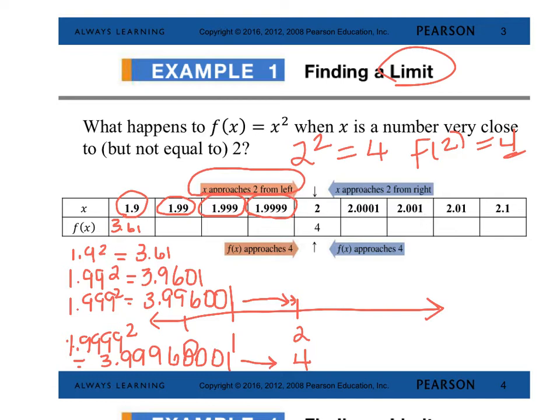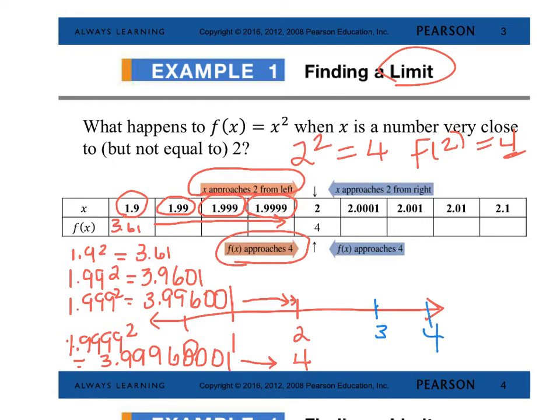So what we see happening here is that as x approaches 2 from the left, f of x approaches 4. Now similarly, we can also approach 2 from the right. This is to the right of 2, and numbers to the right of 2 are numbers like 3 and 4.